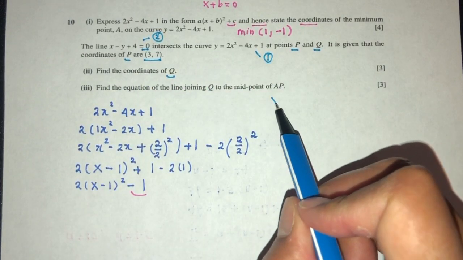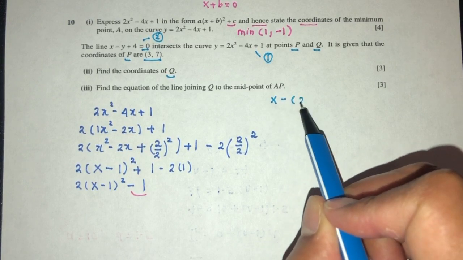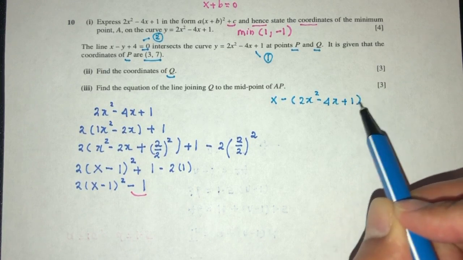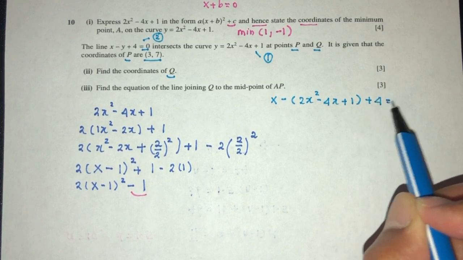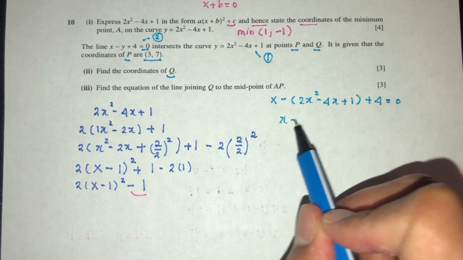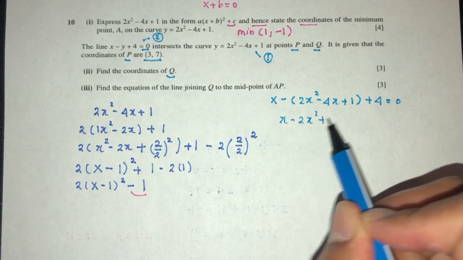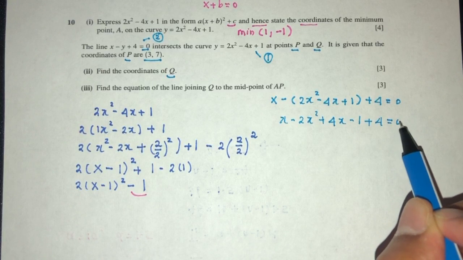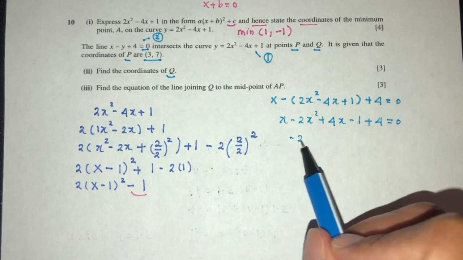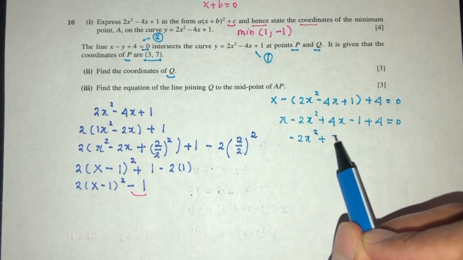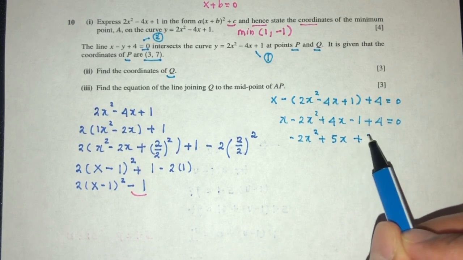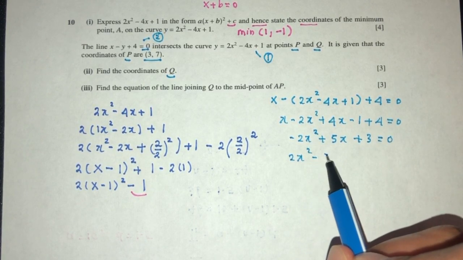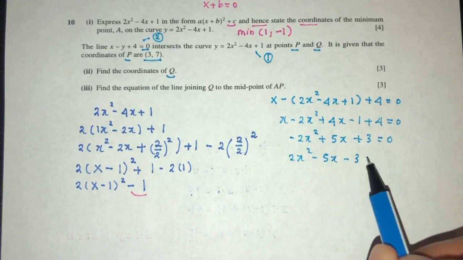You will have x minus y, this is the equation of the curve, plus 4 is 0. Simplify. X minus 2x squared plus 4x minus 1 plus 4 has to be 0. That will be minus 2x squared plus 5x plus 3 is 0. Rearrange, you will have 2x squared minus 5x minus 3 is 0.